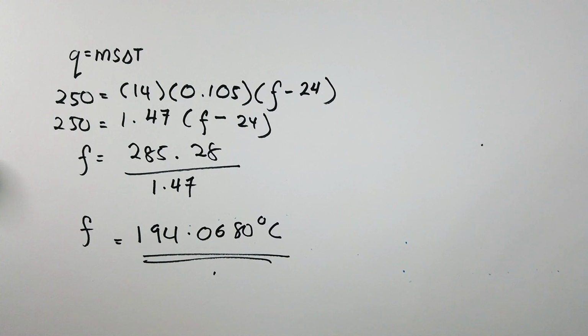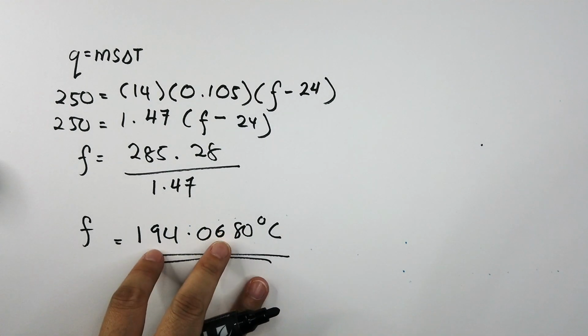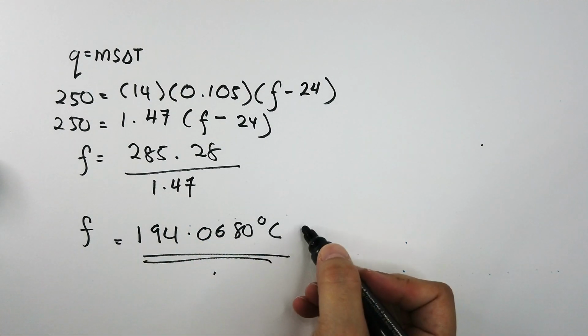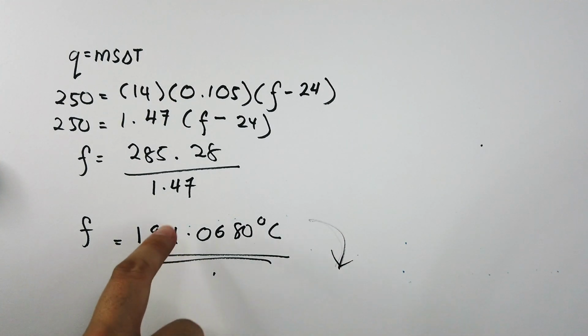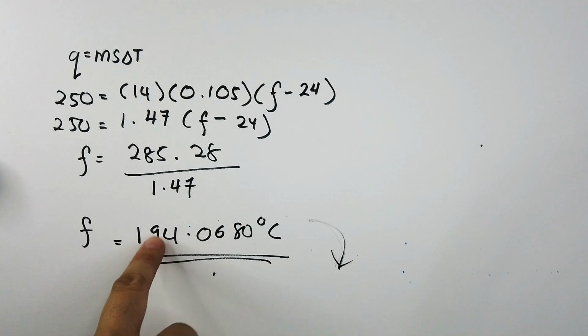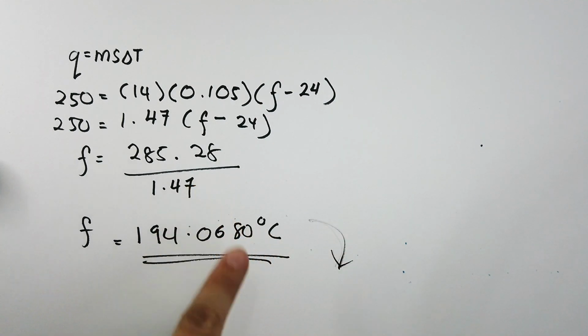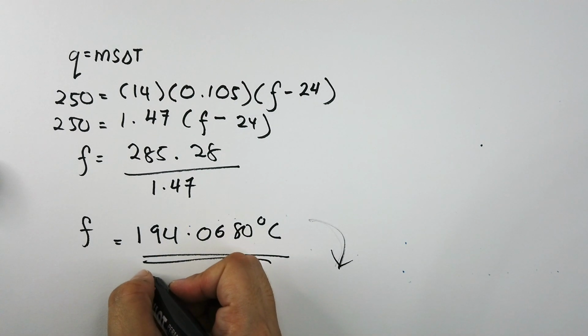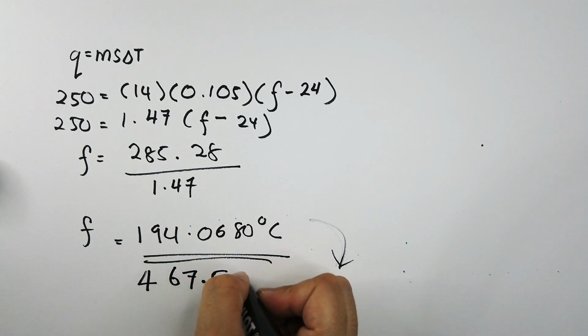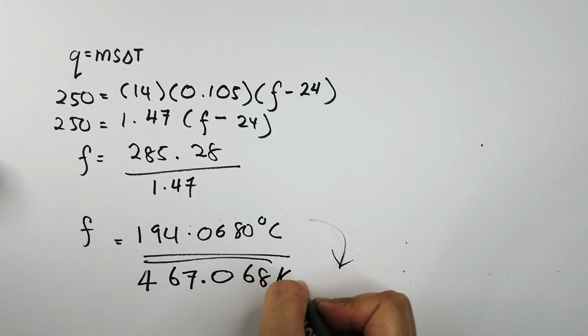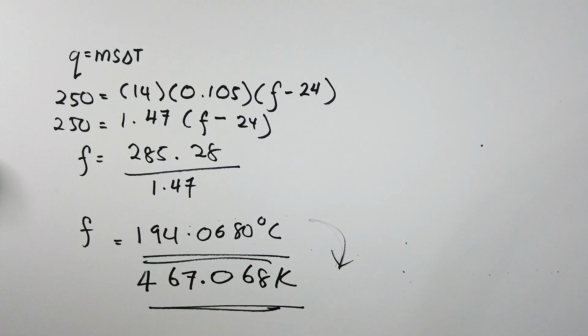From here, you want to convert to Kelvin, which means from degrees Celsius to Kelvin is plus 273. So plus 273, you should get 467.068 Kelvin. So this is the final answer.